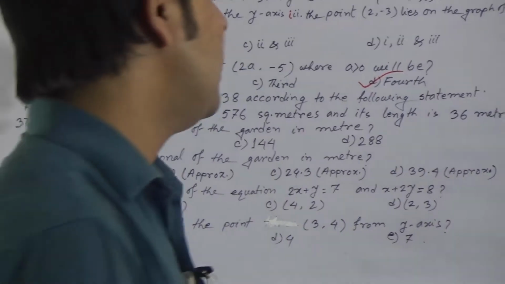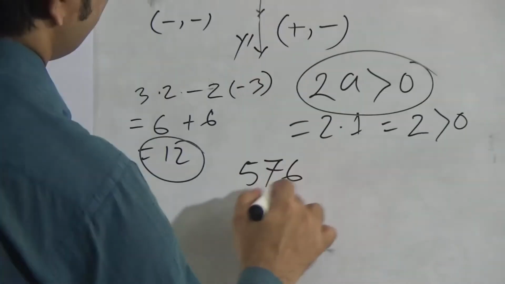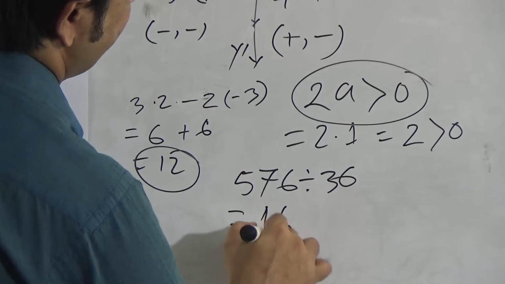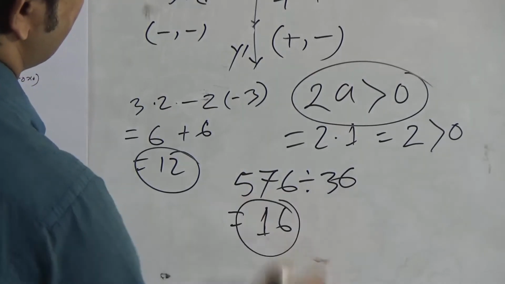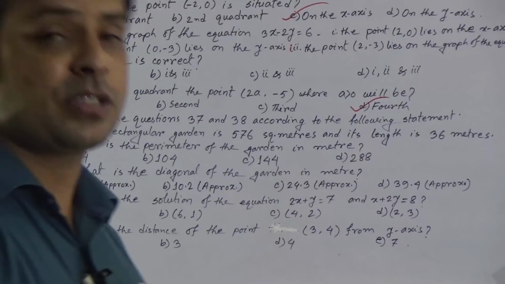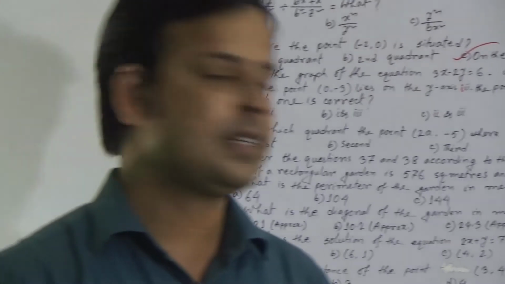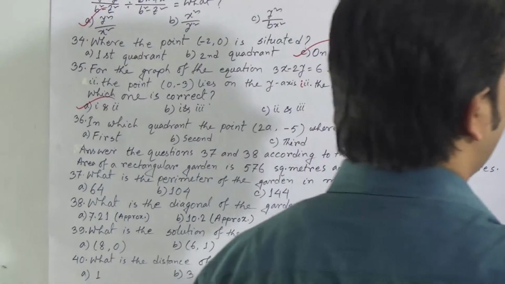So the breadth of the rectangular garden should be 576 divided by 36, this should be 16. So breadth is 16 and length is 36. Dear students, you know the formula for the perimeter of a rectangle is 2 into (length plus breadth).